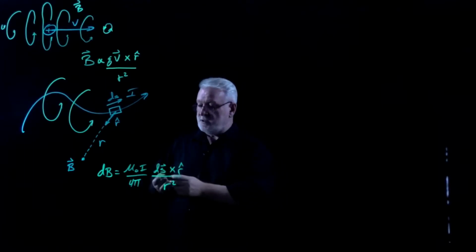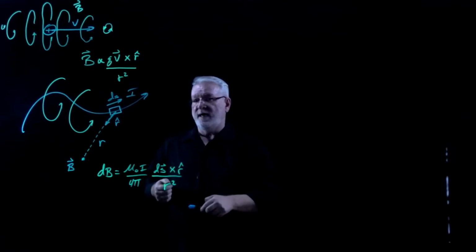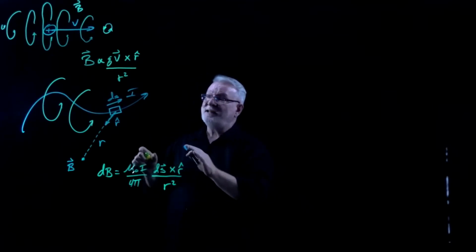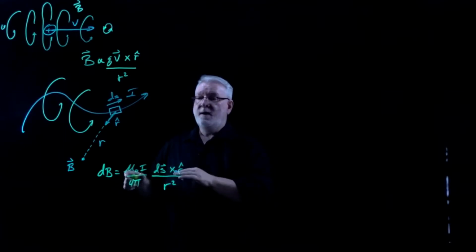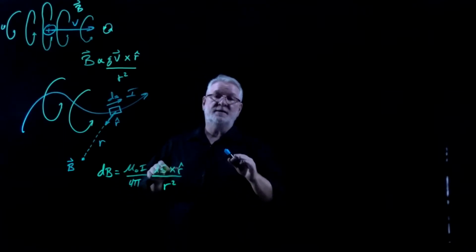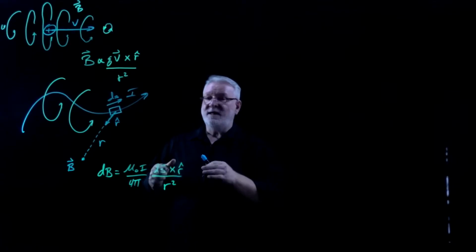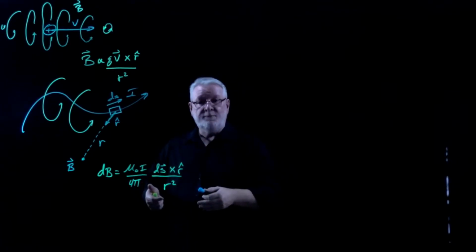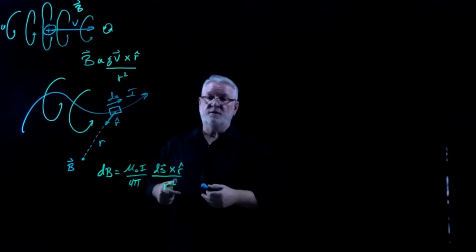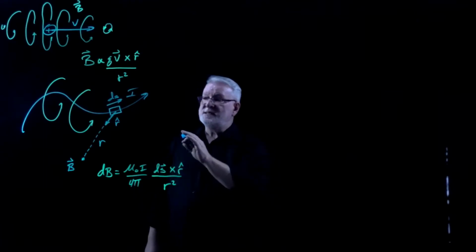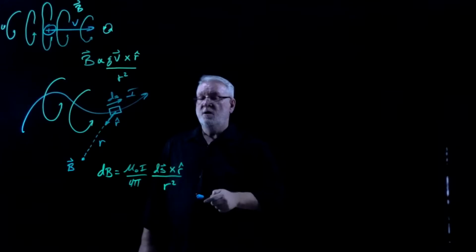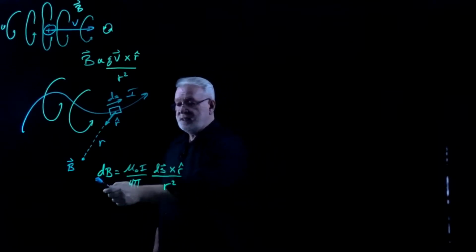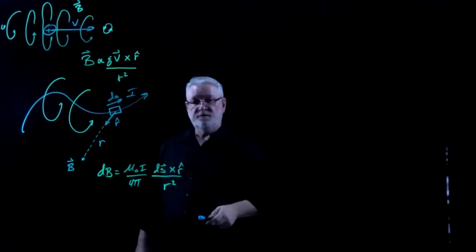And this opens the door to a whole new phenomenon for us: magnetism is not a separate phenomenon in and of itself. Magnetism is an aspect of electricity because there are no magnetic monopoles, particles that generate the force and the field. Instead, magnetism is simply a manifestation of moving charge. When charge moves, it always generates a magnetic field, and this is the relationship we use to find it.